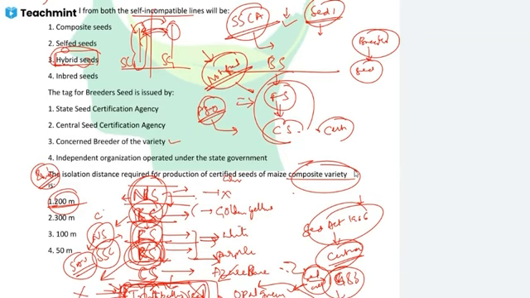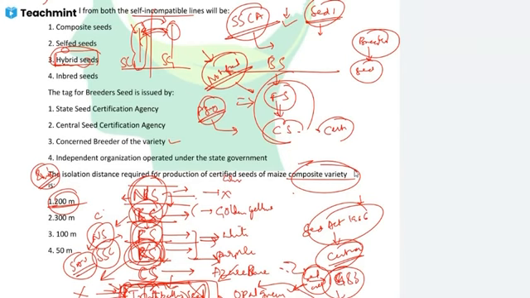It usually is 300. It usually changes between hybrids and varieties. Hybrids will have higher isolation distance than varieties. So there are different classes also. This will not be asked for every crop. Only for important crops you should remember it for hybrids and also for varieties.